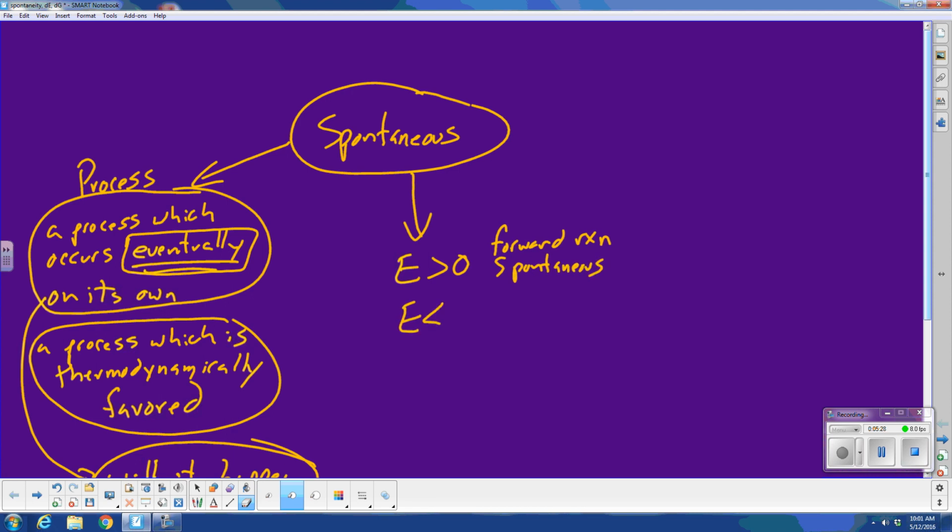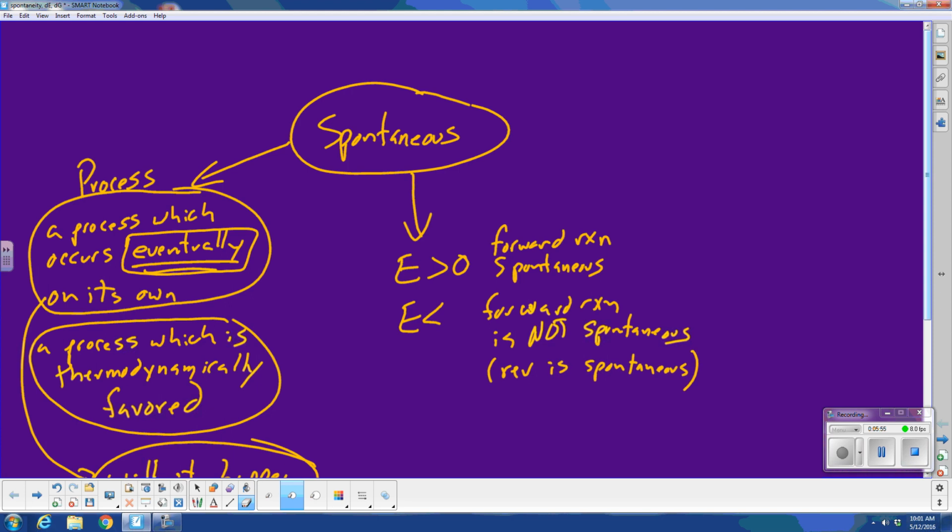If E is negative, then the forward reaction is not spontaneous, right? Good. That would also imply what? If the forward is not spontaneous, that means the reverse is spontaneous.